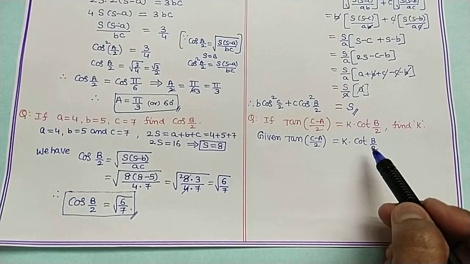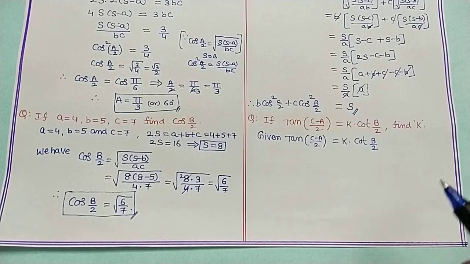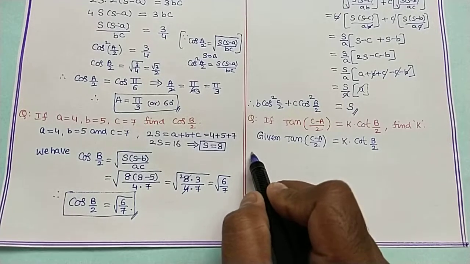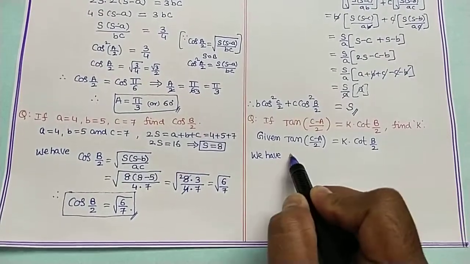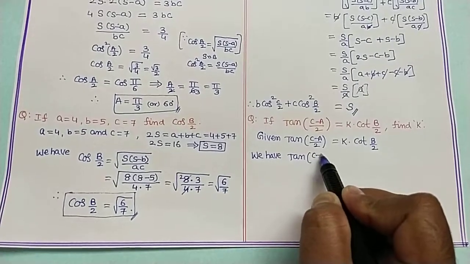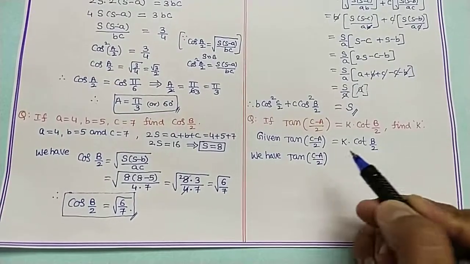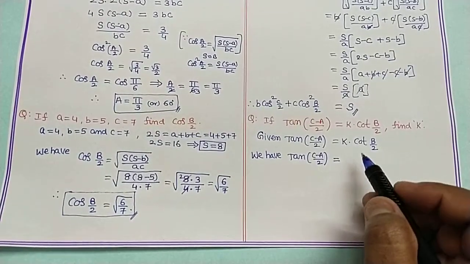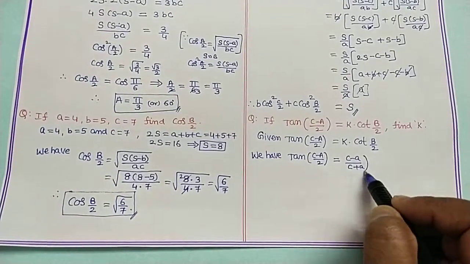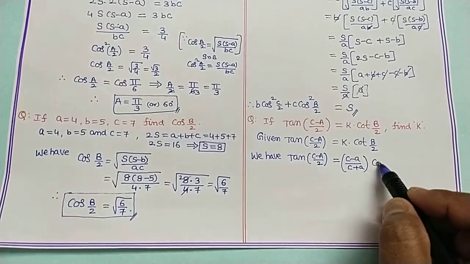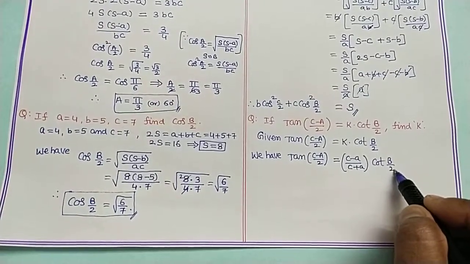This given value you have to compare with the tangent rule. One of the tangent rules is we have tan((C minus A)/2) equal to (small c minus small a) divided by (small c plus small a) into cot(B/2).